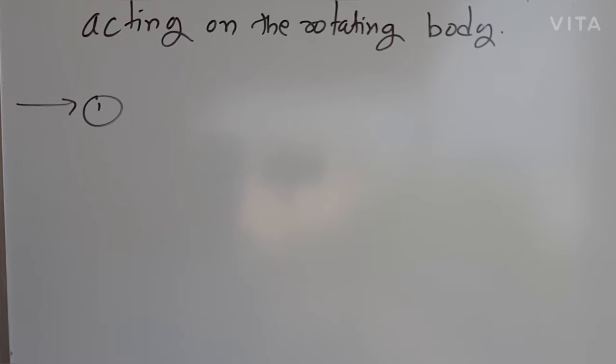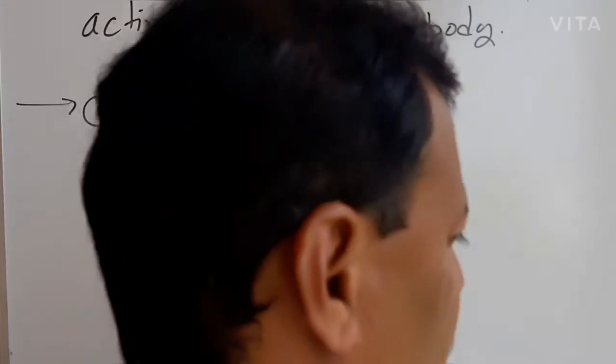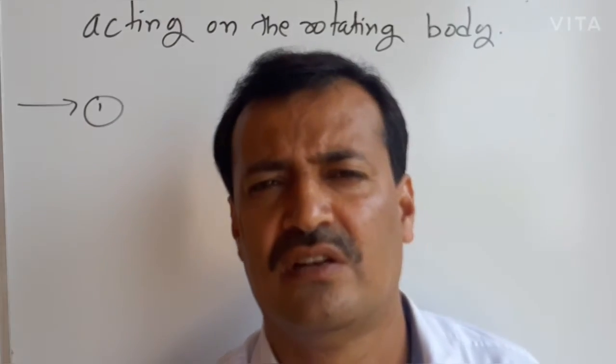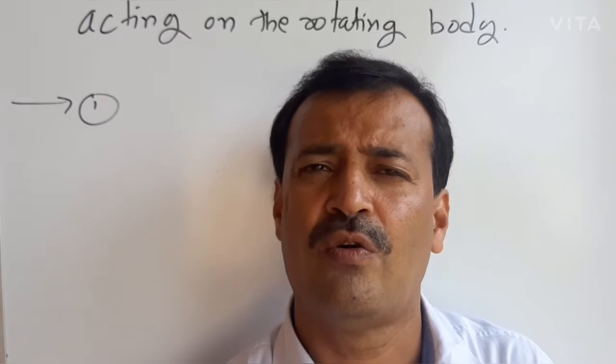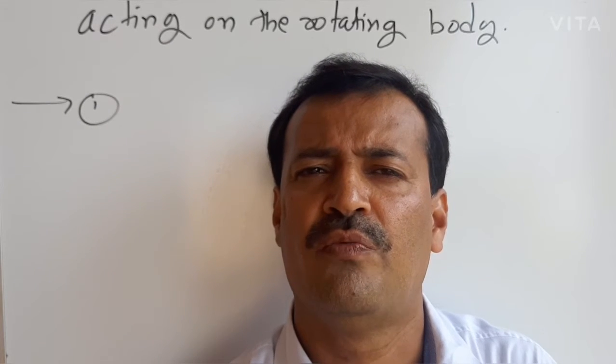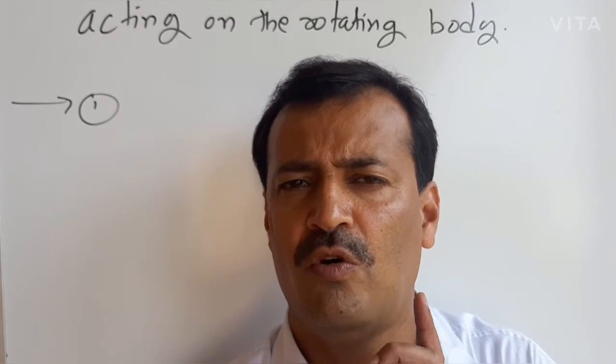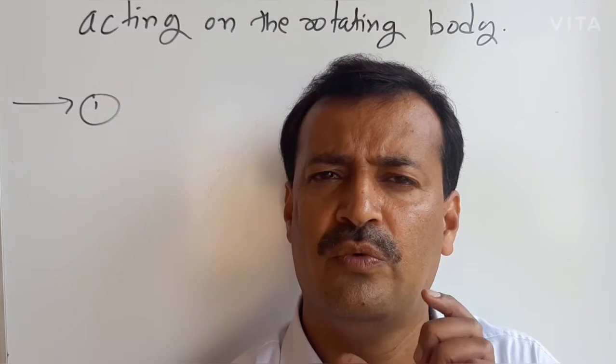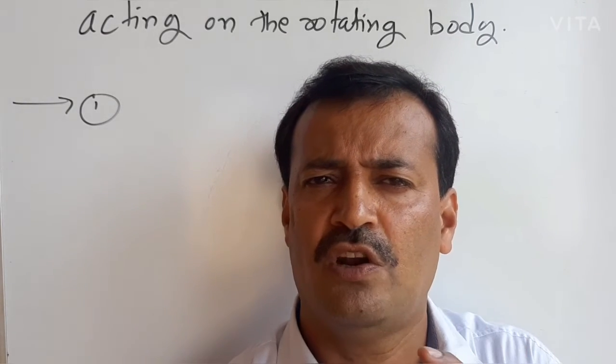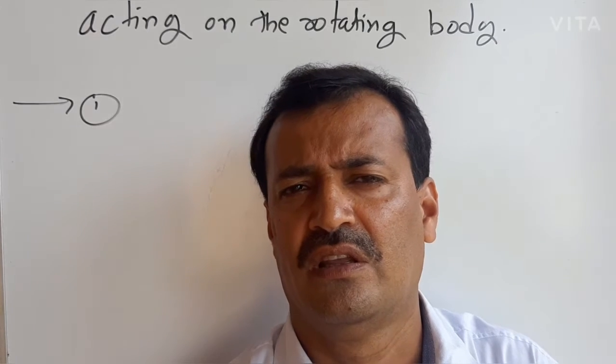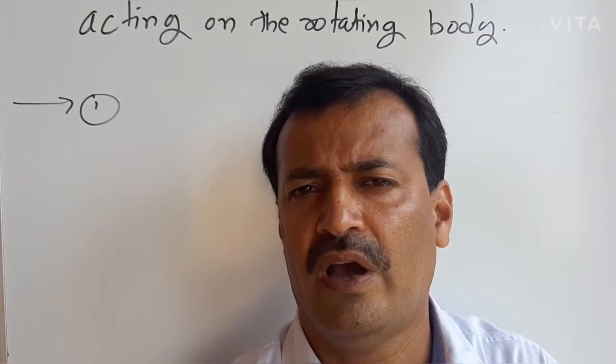Only some changes are there. Otherwise, the expression is performed in a similar manner. So write down the consideration. In the previous consideration, we considered a rotating body with a uniform angular velocity omega. The difference is that instead of uniform velocity, here it is uniform acceleration.